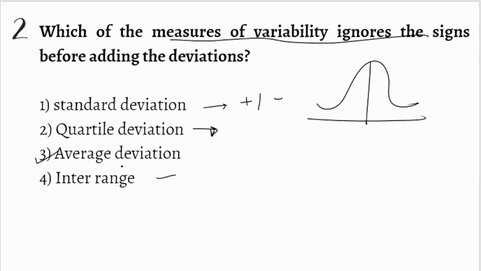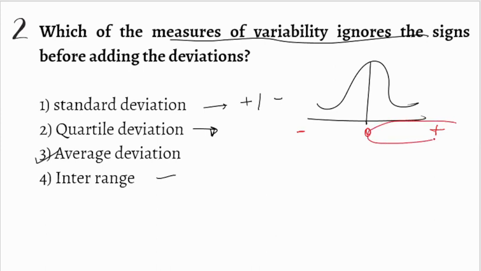So average deviation is the only measure which does not take into account the positive or negative signs, because when we add all of the deviations and divide them by the number of deviations, it is going to be neutralized. Here we have 0, this is our negative side, this is our positive side.